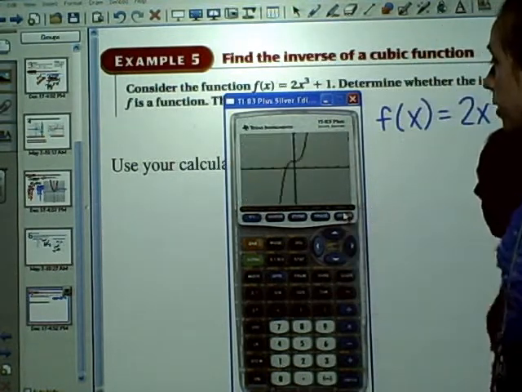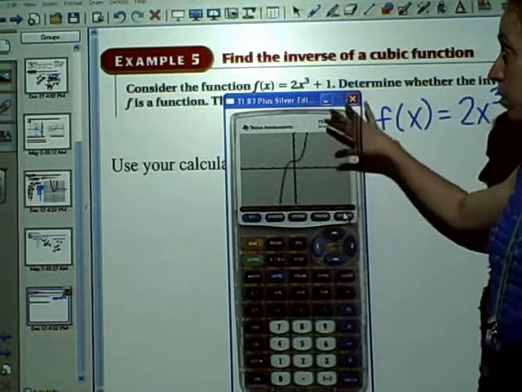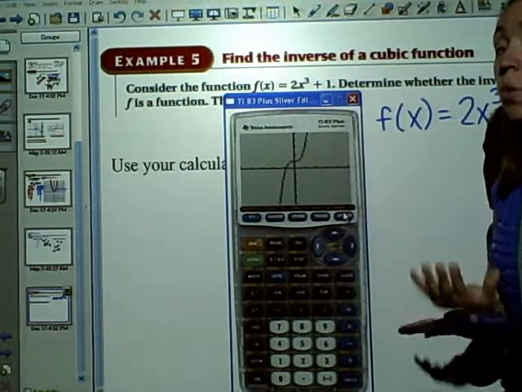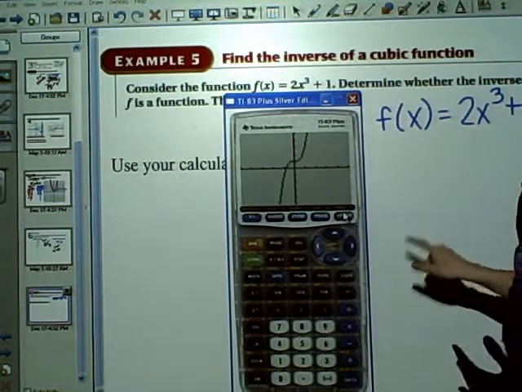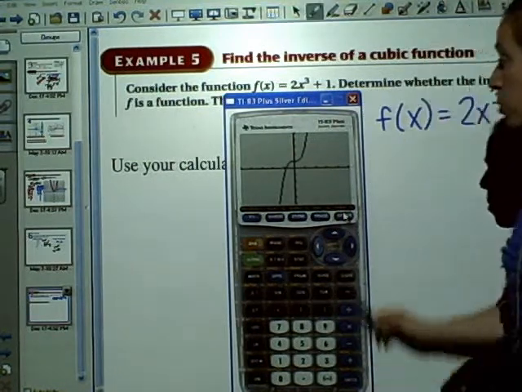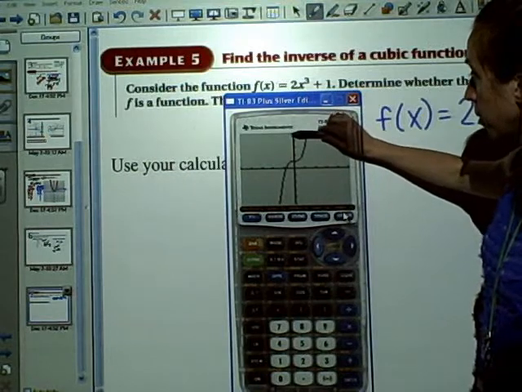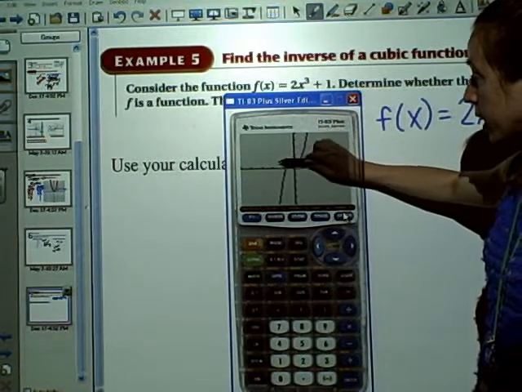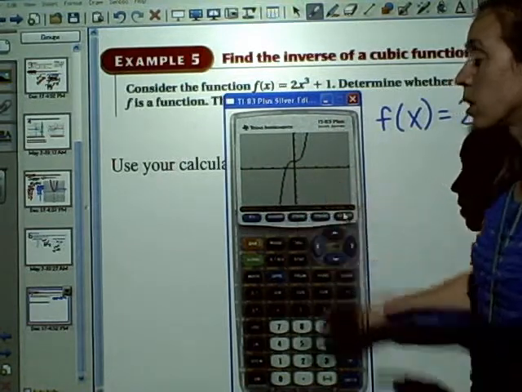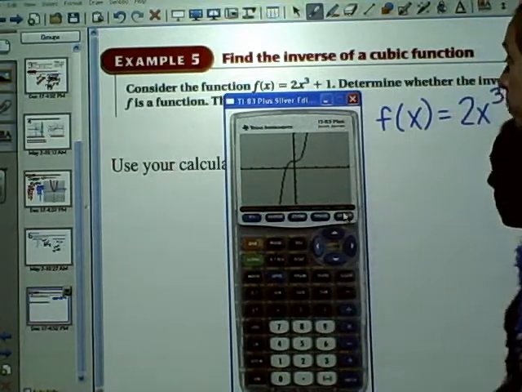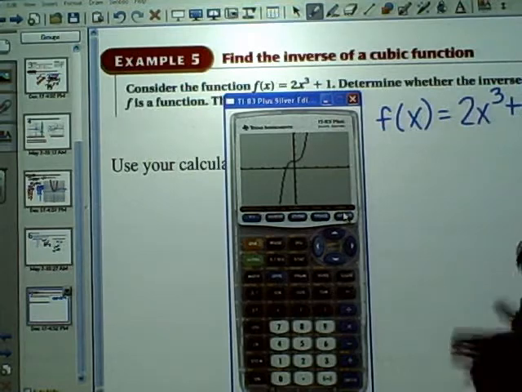Then we're going to hit graph, and we see, okay, there's our function. Now, we're going to do the horizontal line test to determine if whatever this inverse is a function. So we'll take a horizontal line and we'll put it through. And we say, look at that. This horizontal line is only crossing my function in one place. So because of that, this inverse is a function.